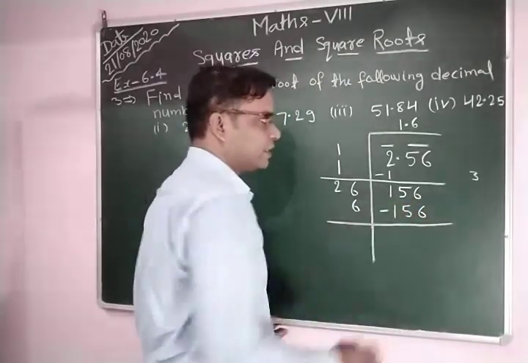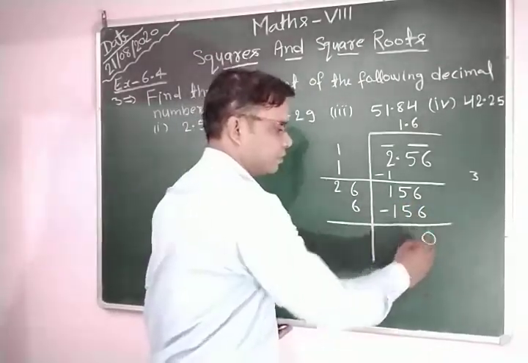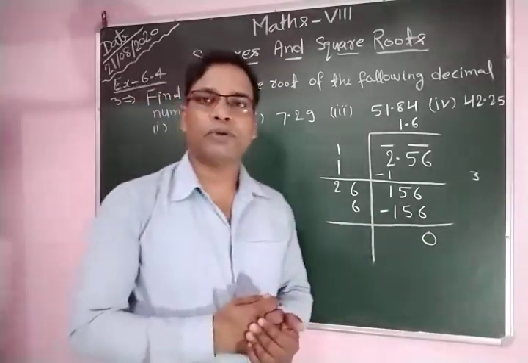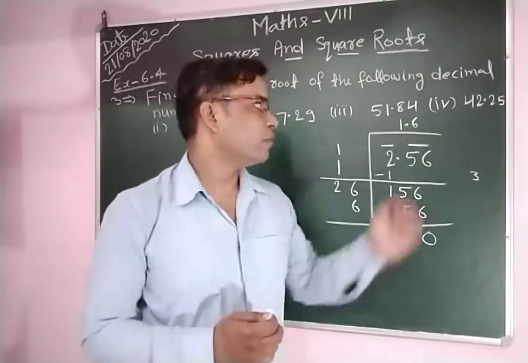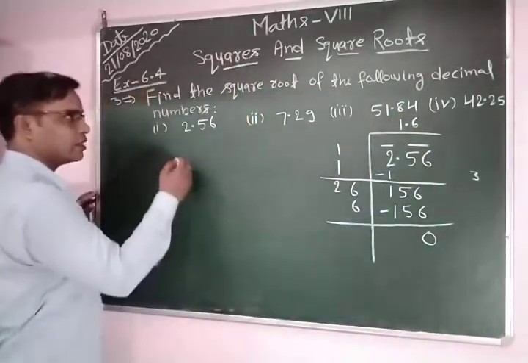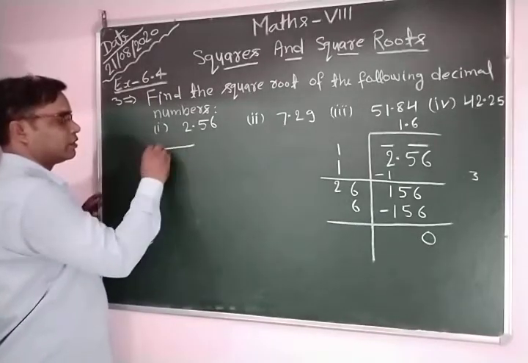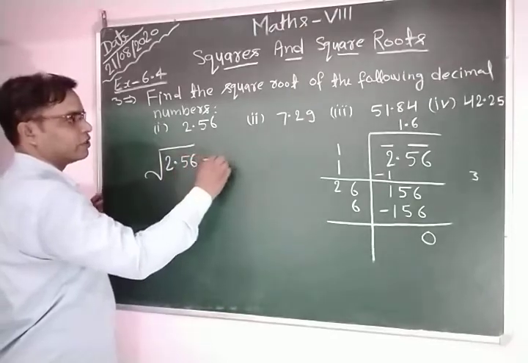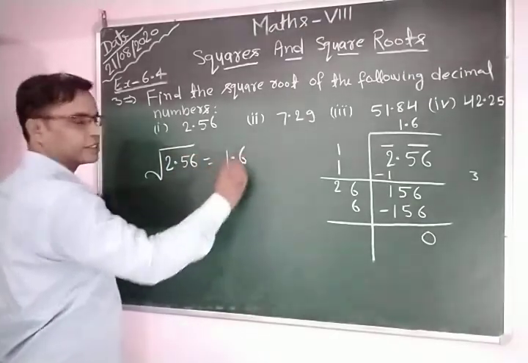After this you subtract it and we obtain 0 here. So in this way you can see the square root of 2.56 is 1.6. This is the quotient, this is the square root. So you can write here the square root of 2.56 is equal to 1.6.